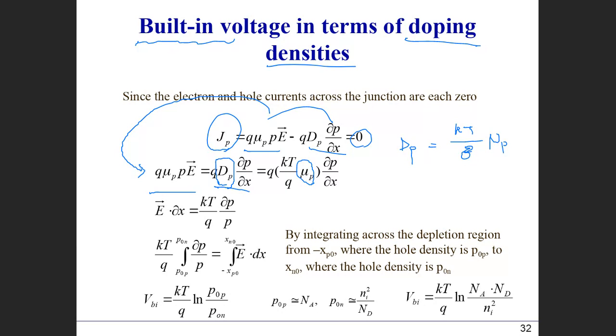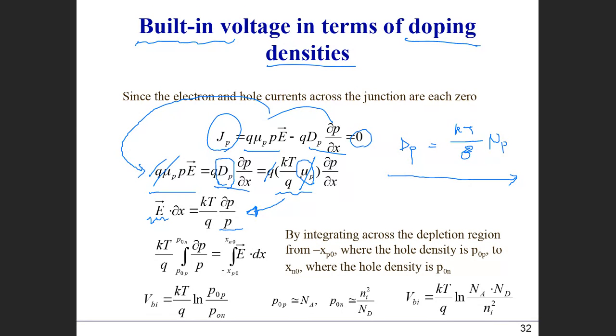I guess you learned this in 339. We call this the Einstein relationship. Using it, we rewrite Dp with the mobility, and later the mobility cancels out in this equation. The final result is a relationship between the electric field and the carrier concentration difference.